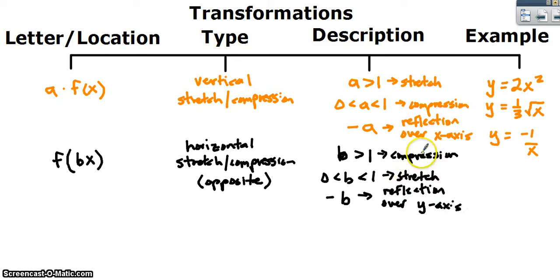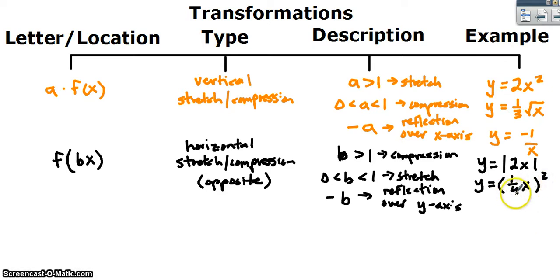So examples of these, b greater than 1, you'd have like y equals the absolute value of 2x. But it's opposite, so you would really take the reciprocal of that. So you'd say it's a compression by a factor of 1/2. For a stretch, you've got y equals, put this in parentheses, 1/4 x, squared.